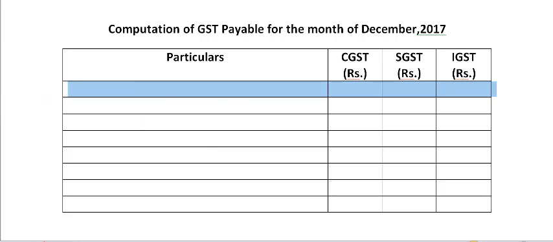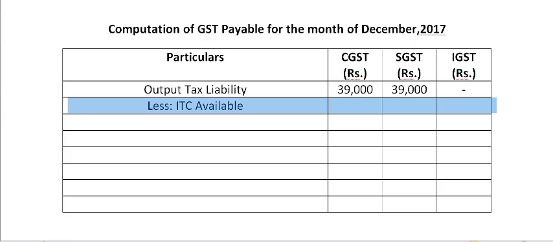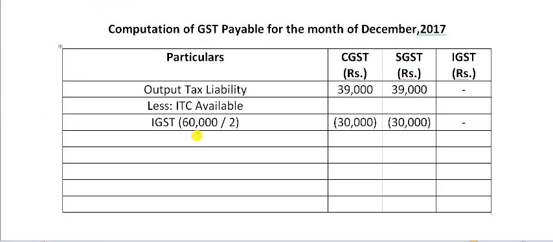So we begin with the output tax liability. CGST 39,000 we have to pay, SGST 39,000 we have to pay. We'll deduct the input tax credit available. First and foremost, always remember, whenever input tax credit is available under IGST, first we have to set off the amount available under IGST. So 60,000 will be divided equally among CGST and SGST.